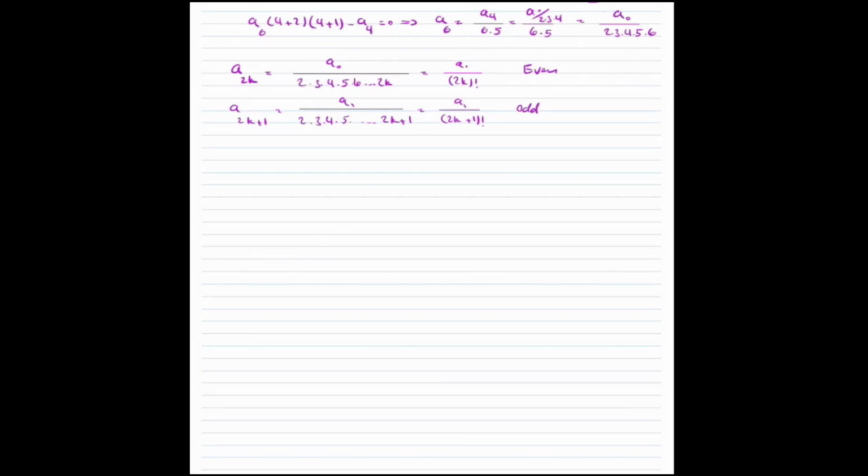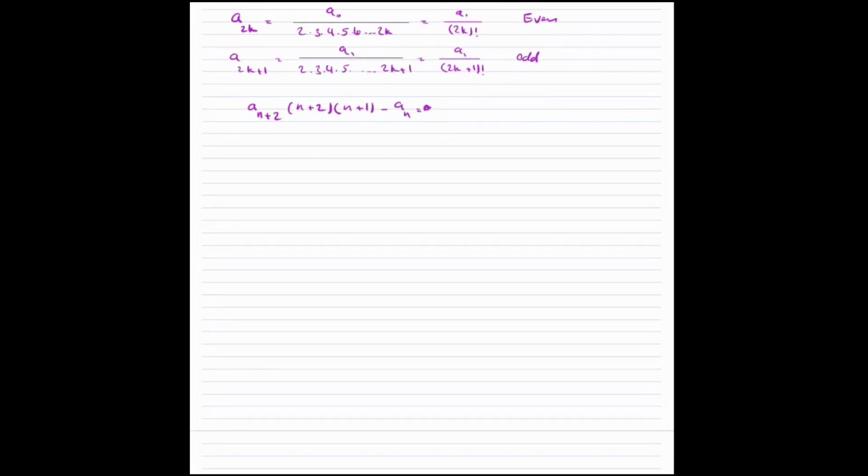So what is our recurrence relation going to be? It's going to be a_{n+2} multiplied by (n+2)(n+1) minus a_n equal to 0.